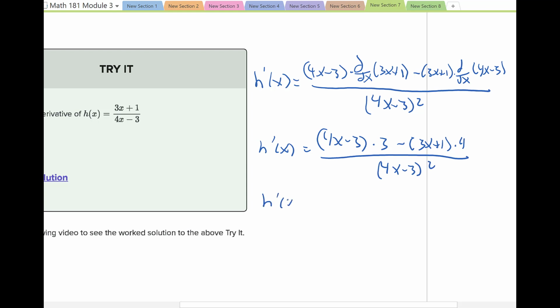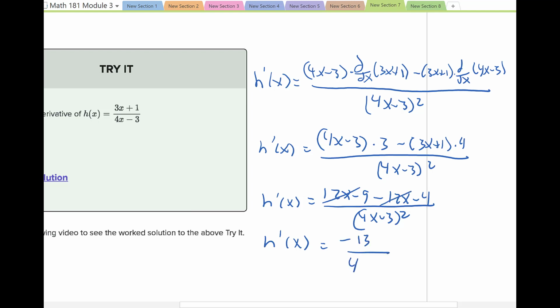So h of x prime is going to be, looks like, 12x minus 9 minus 12x minus 4 all over 4x minus 3 squared. So h of x prime is going to be, those 12x's go away, I have negative 13 over 4x minus 3 squared.